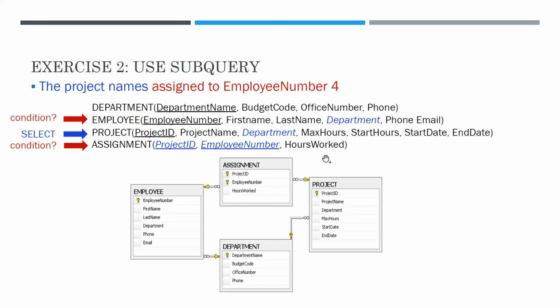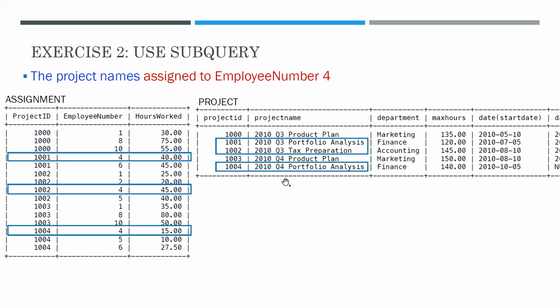So to do that, we're going to select. This is where MySQL will work. Remember, we need project names assigned to employee number 4. What it's going to do first is find employee number 4. It's going to start from the left here. Where is the employee number 4? Employee number 4 is this, and this.